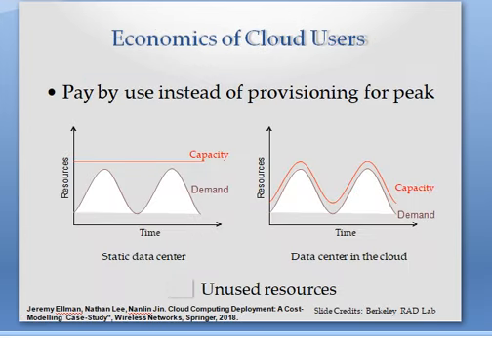So this is the economics of the cloud user. This diagram shows a very simple situation on the left and right. On the left is the one we have just mentioned, a local IT center, which bought a lot of servers, and then they have fixed capacity all the time, 24 hours per day. Actually their demand is not equivalent to the capacity all the time.